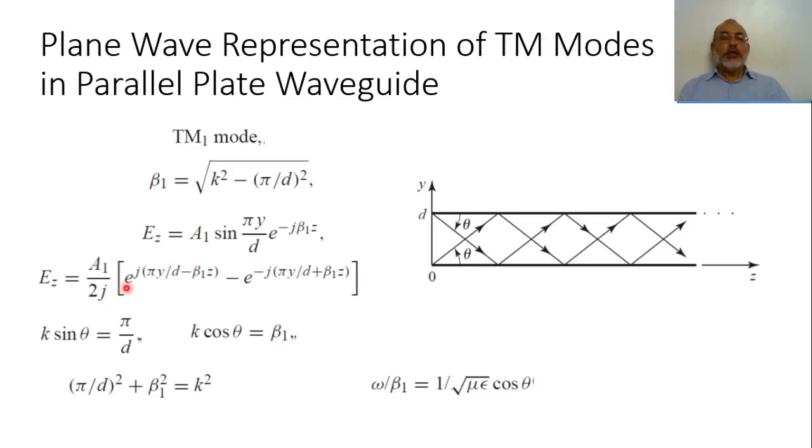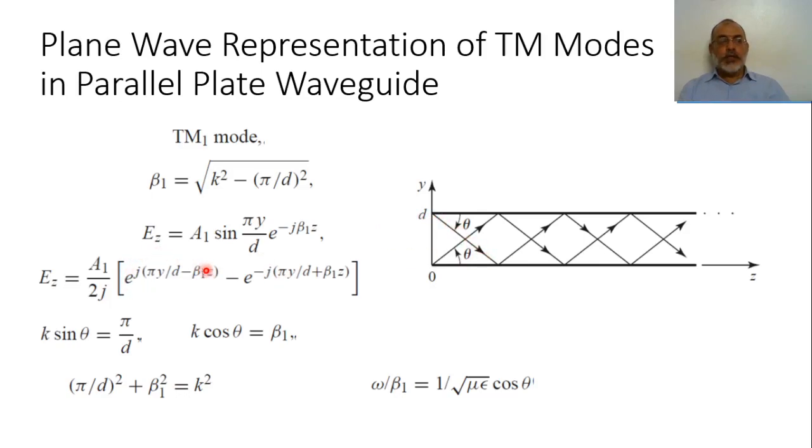Actually, this is a wave propagating at a tilted angle. We have a propagation constant in negative y in addition to propagation in positive z.